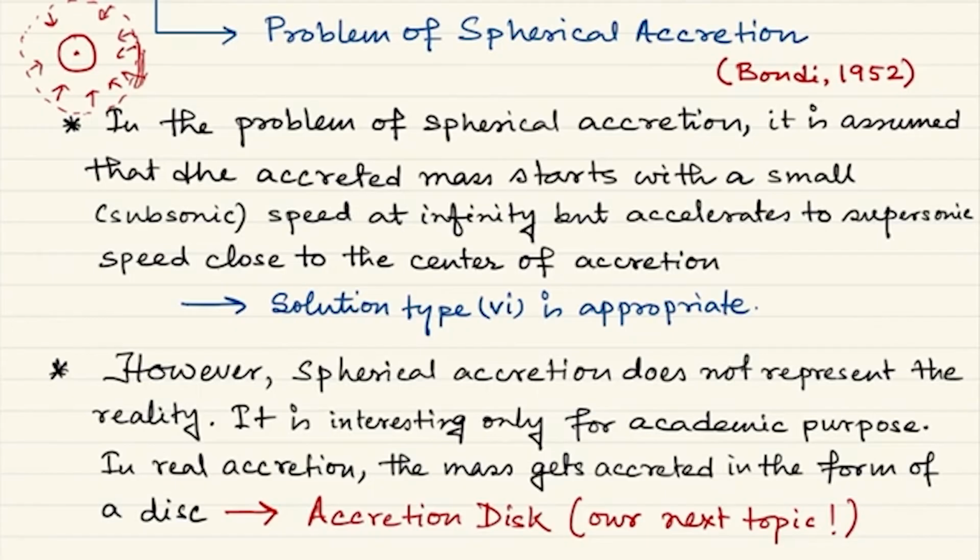But in real accretion, the mass gets accreted in the form of a disk. You have a star and another star comes: a very dense and small star is at the center, and the less dense, less massive star, but with a bigger volume, comes, and then it starts to leave mass, and this mass with an angular velocity starts accreting in the form of a disk.